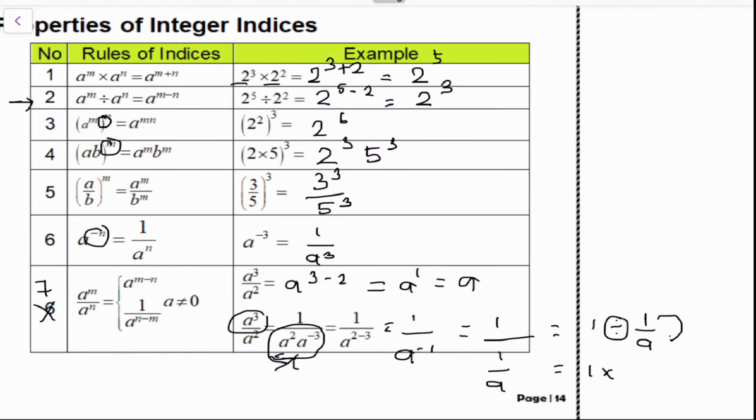The top will go to the bottom and the bottom will go to the top, so it will be a over 1. So 1 times a over 1 is equal to a over 1, or you can just simply write as a. So the answers are the same but using different methods to solve it.